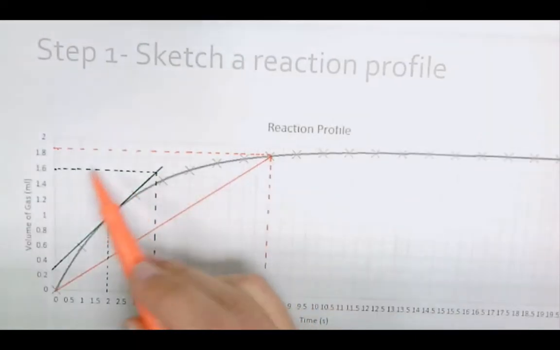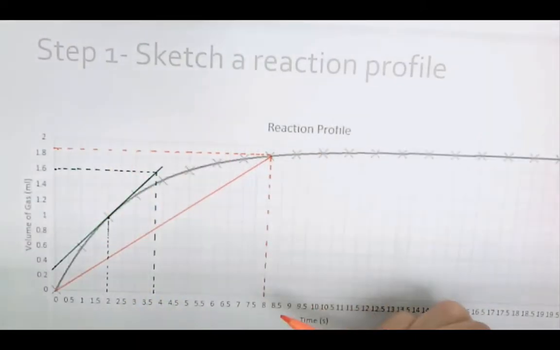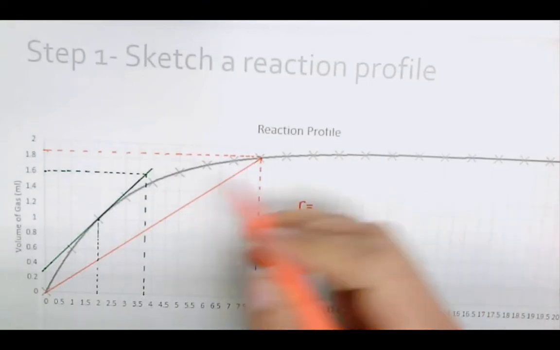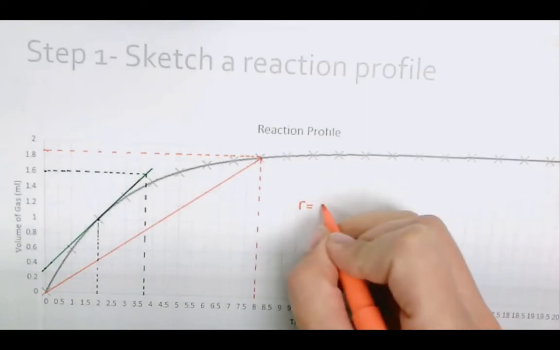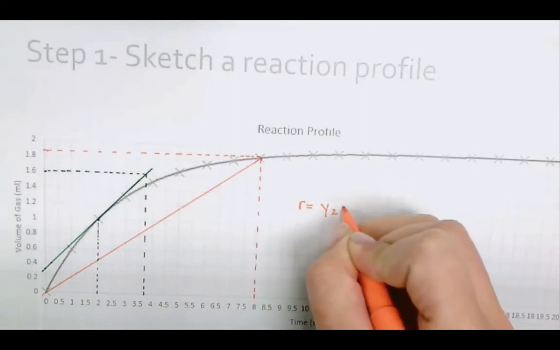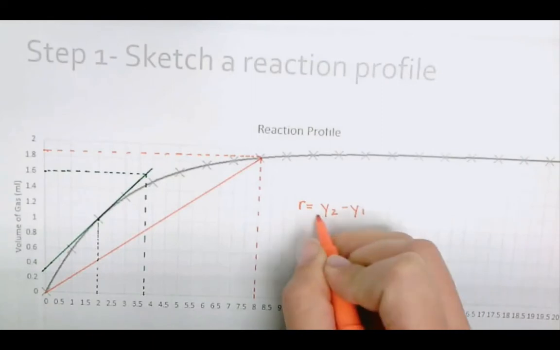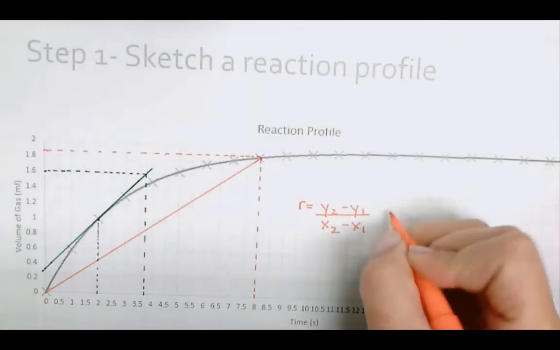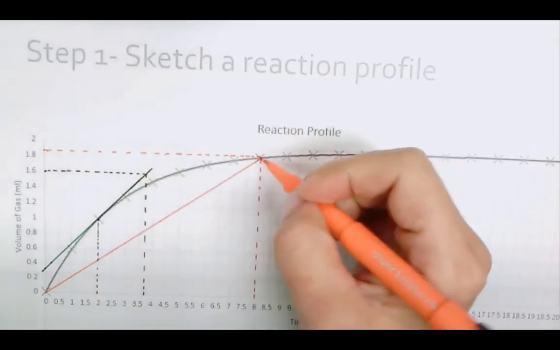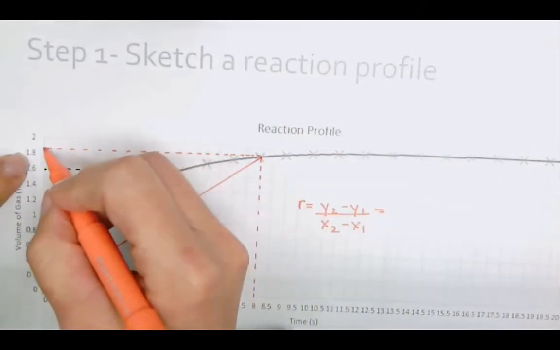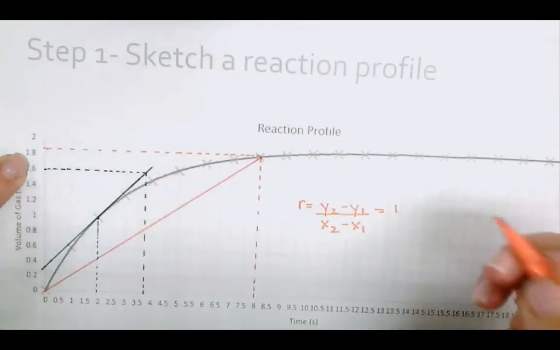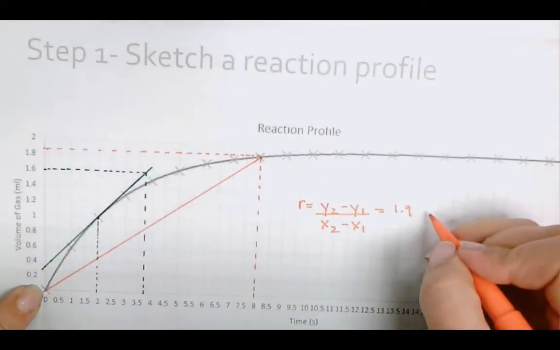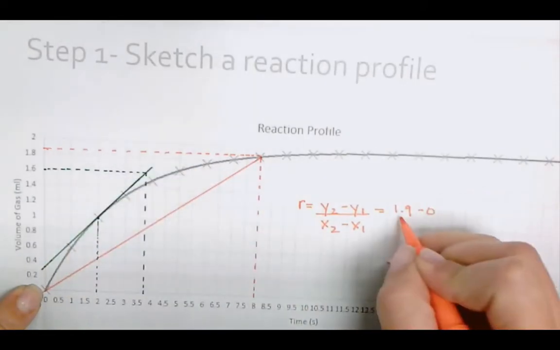We're going to look at the average rate, the orange line. When I do that, you have to calculate the slope of that line. The way that we do that is y2 minus y1 all over x2 minus x1. What I notice is my y2 value is 1.9 milliliters, and my y1 is 0 milliliters.